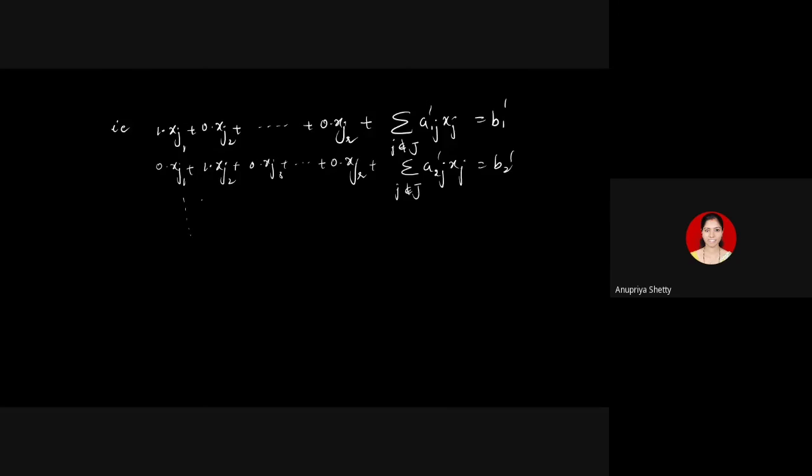And the last equation would be 0 into xj1 plus 0 into xj2, etc., plus 1 into xjr plus summation arj dash xj, j not in the set J, equal to br dash.